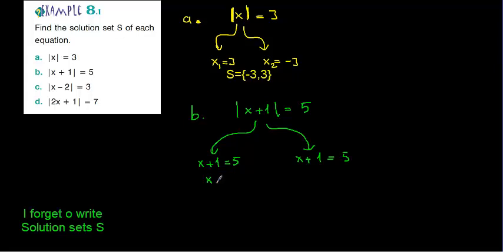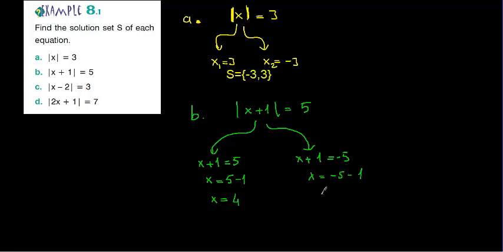So x is equal to 5 minus 1, which gives x is equal to 4, or when x plus 1 is equal to -5, x is equal to -5 minus 1, x is going to be equal to -6. So x1 is equal to 4 and x2 is equal to -6.